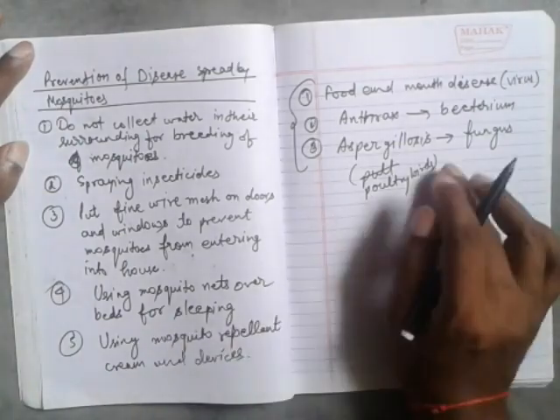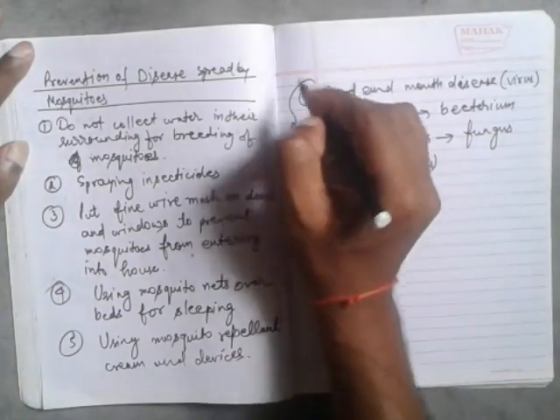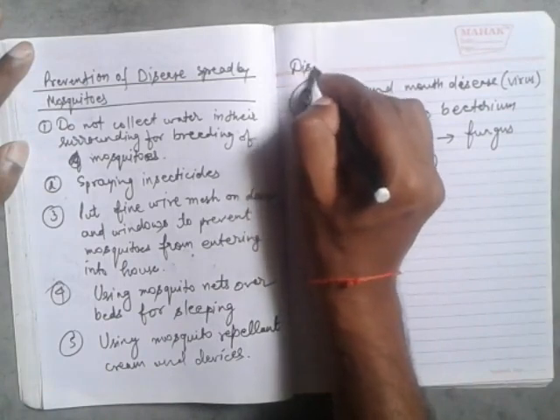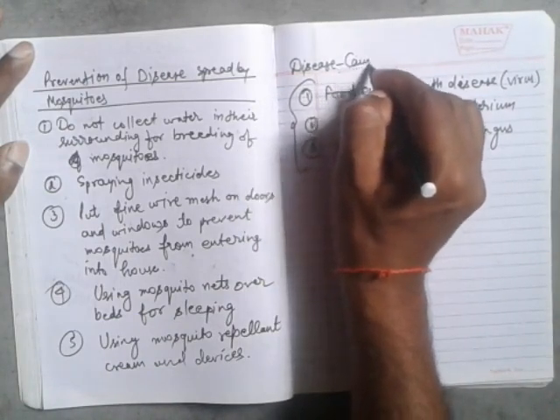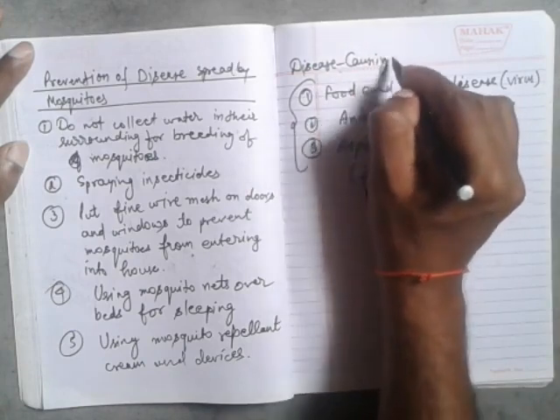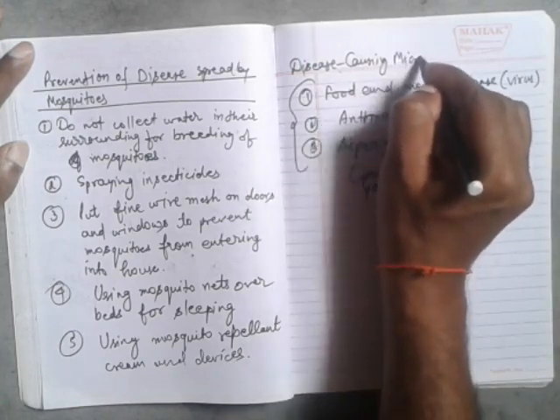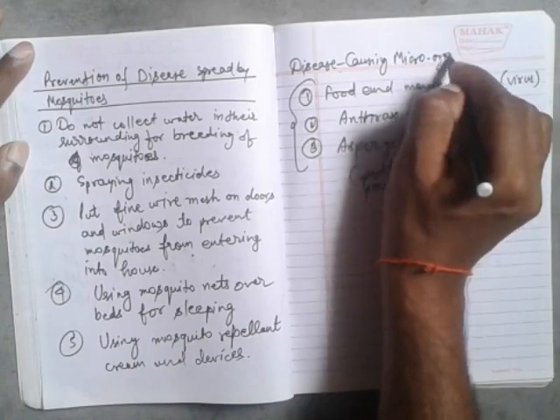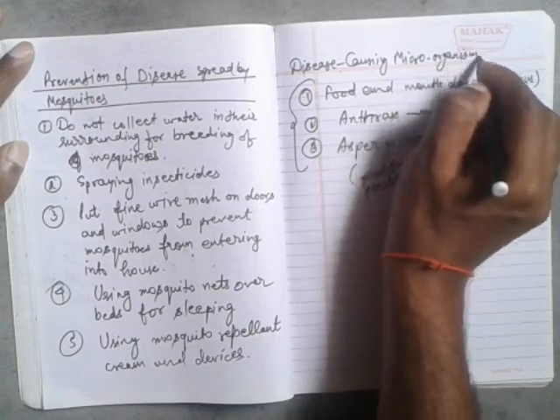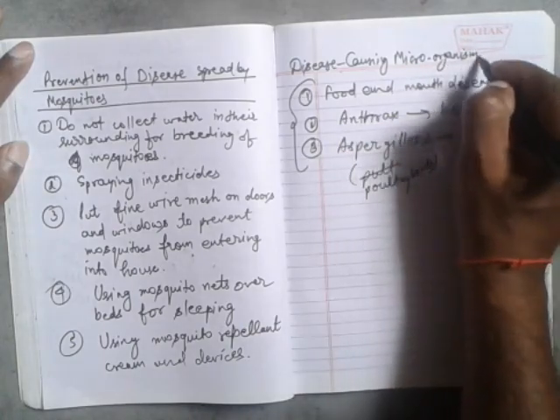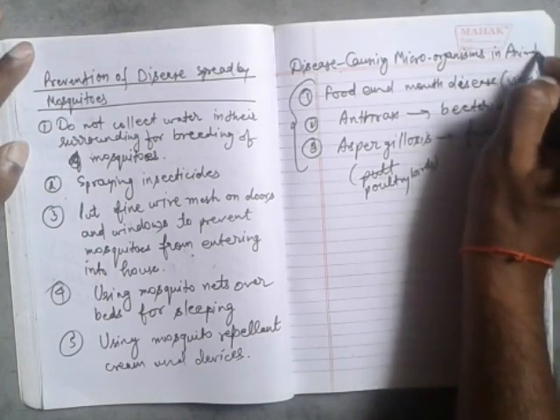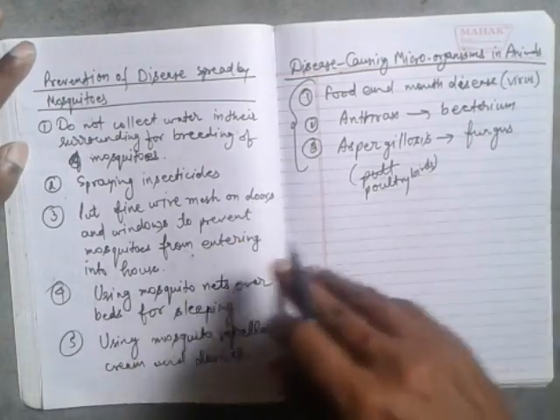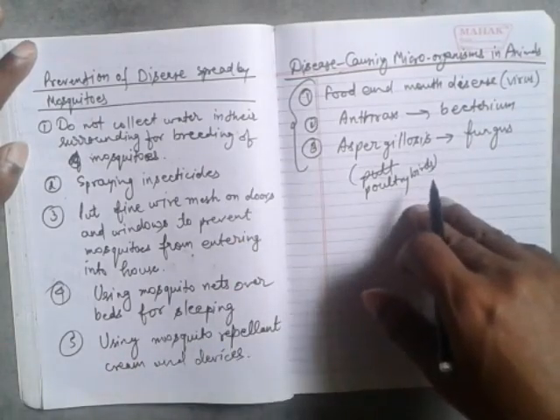These three diseases are caused in animals, so we can say these are disease-causing microorganisms in animals. These are the common diseases which are generally caused in animals.